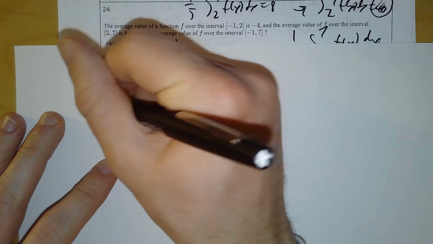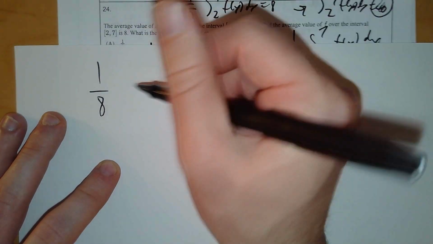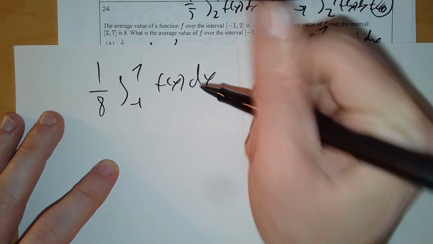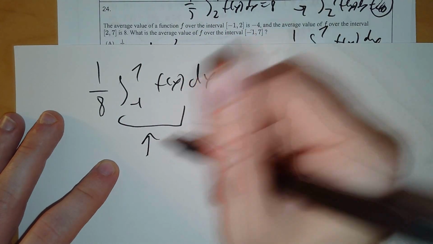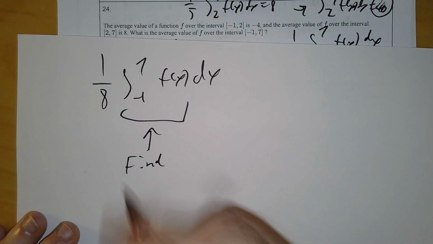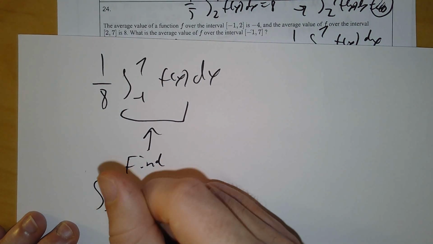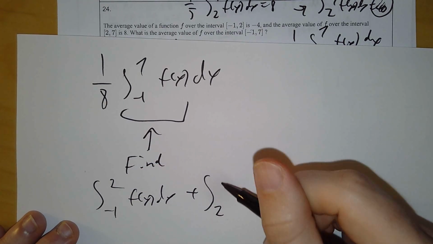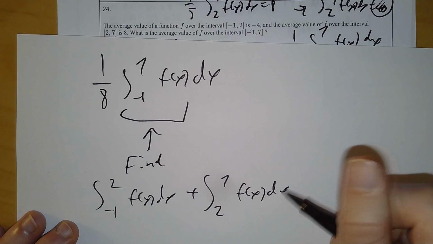That is 1 over 8, because 7 minus negative 1 is 8, times the integral from -1 to 7 of f of x dx. So I need to find this. I can find it by adding the integral from -1 to 2 of f of x dx plus the integral from 2 to 7 of f of x dx, right?